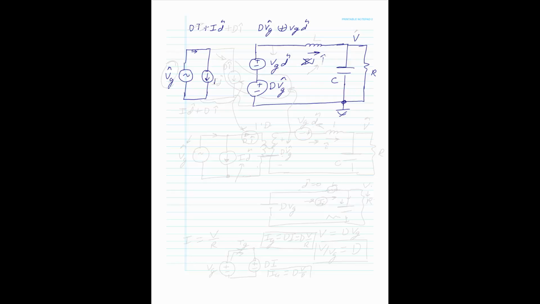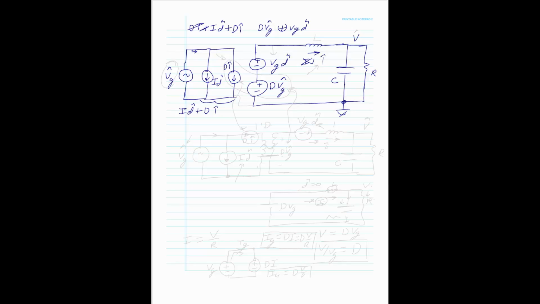That is I D hat. And then you have the other current source. How do current sources add? They add in parallel. That's how you have the sum. This is the I D hat plus D I hat, correct. So this is your sum of I D hat plus D I hat.